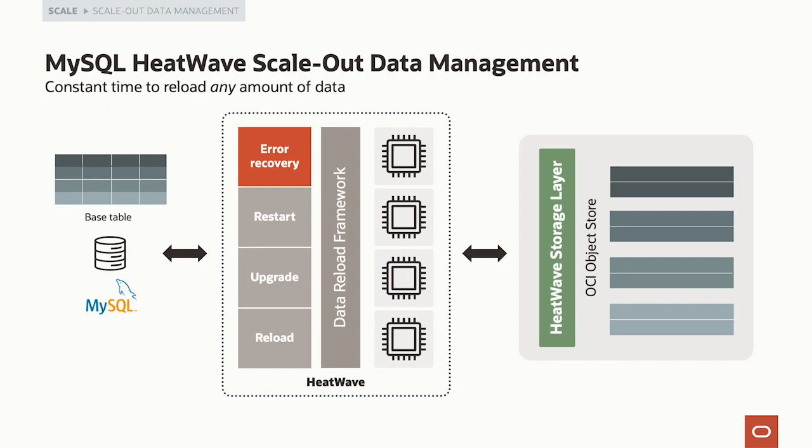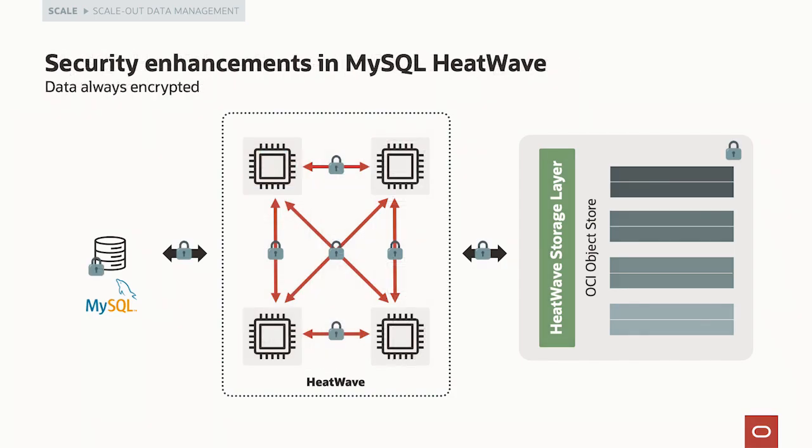The nodes in the HeatWave analytics engine talk to each other, and the OLTP engine talks to the analytics engine over the network. That was not encrypted, right? Well, now everything in MySQL HeatWave is encrypted. As the data moves across the network, it is encrypted. As the data sits in any kind of persistent store, it is encrypted. So your data in MySQL HeatWave is now always encrypted.